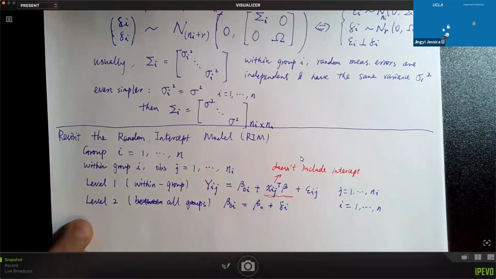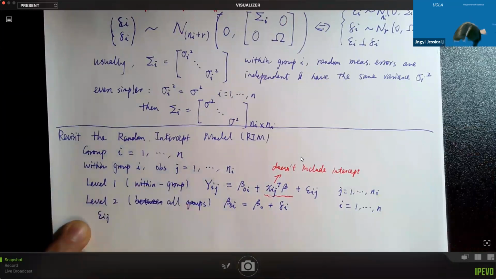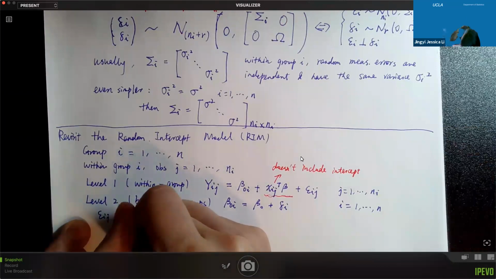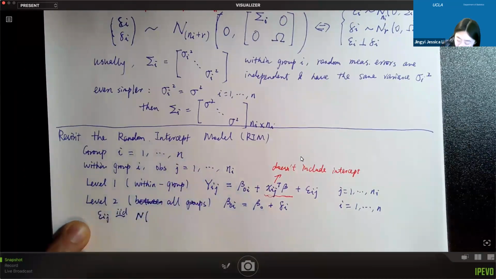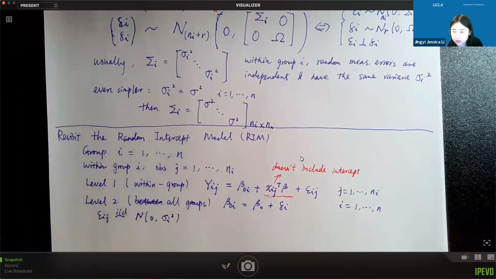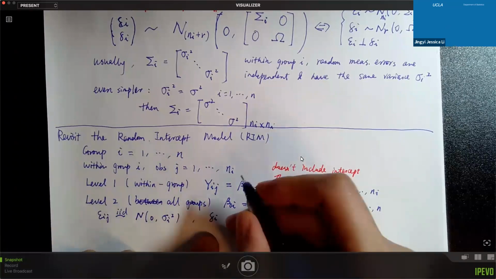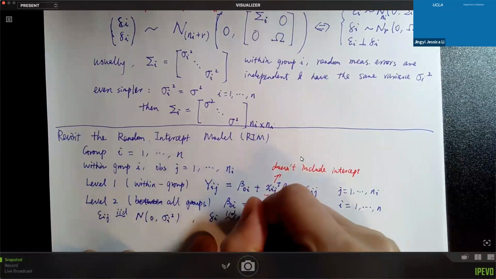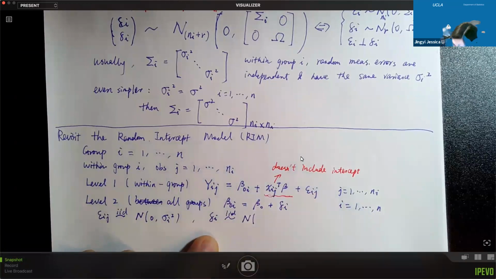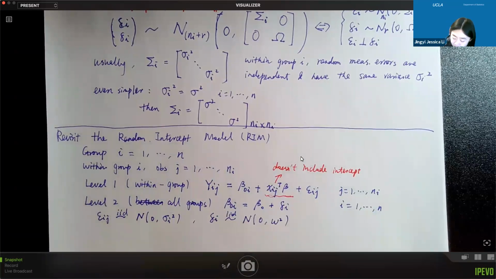I can basically say epsilon ij are all IID following a one-dimensional normal distribution with mean 0, variance sigma i squared. And for level 2, I can assume these delta i's are IID following a one-dimensional normal distribution with mean 0 and variance omega squared. You see, I have randomness here, randomness here.